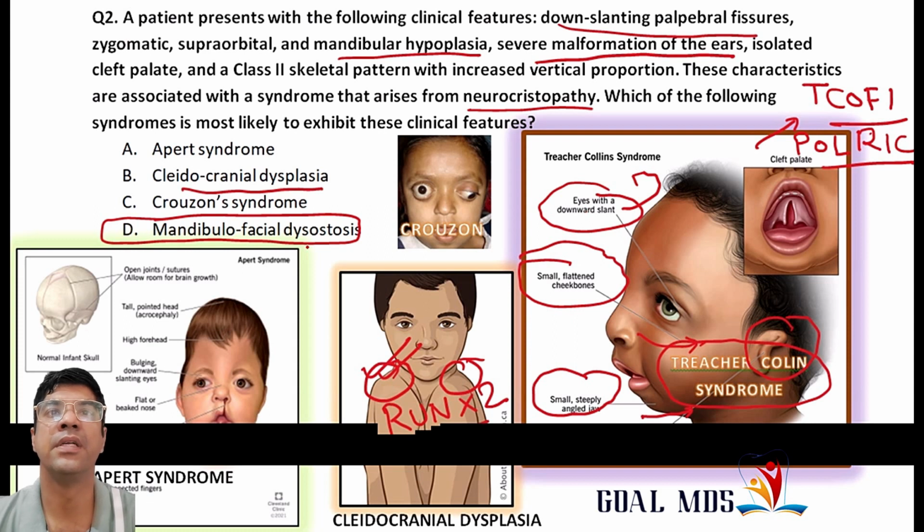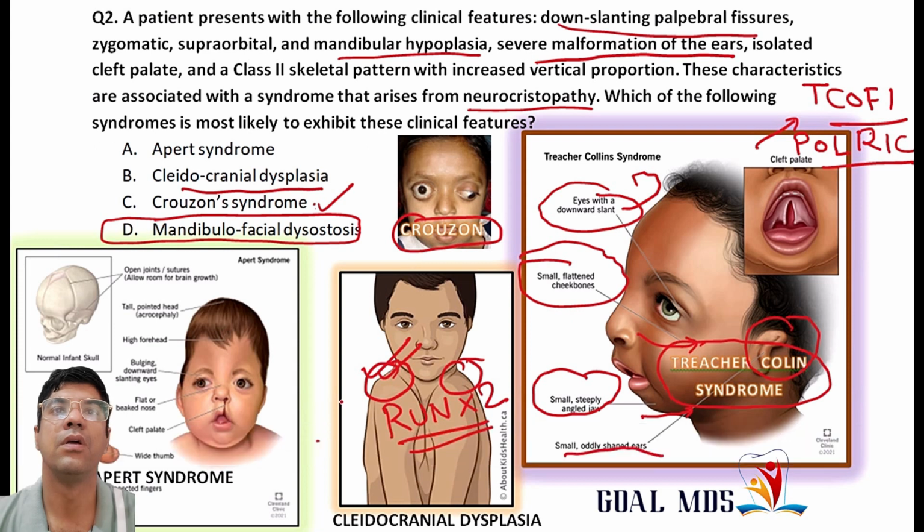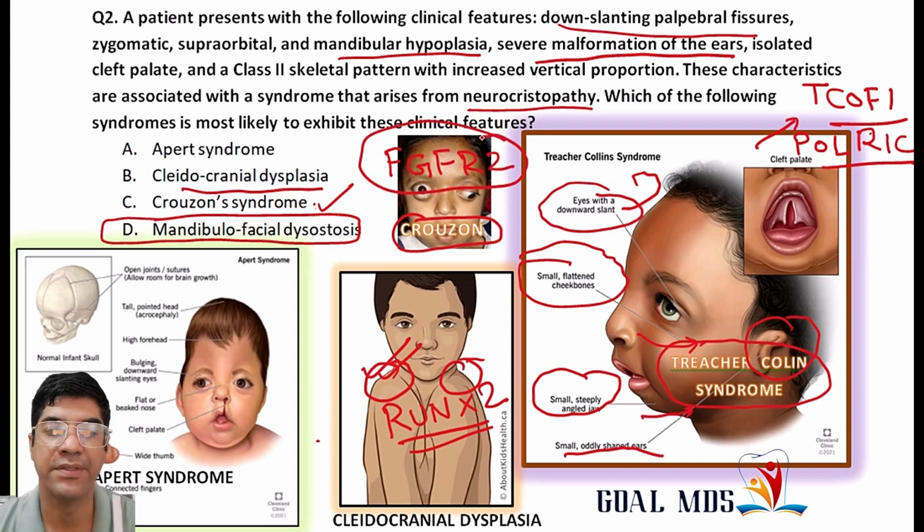The third option is Crouzon syndrome. It is primarily caused due to mutation in the FGFR2 gene. Remember that for your exam.